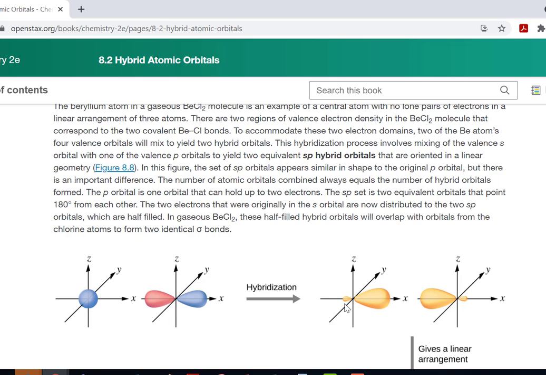What we're showing here looks sort of like the p orbital, except that you have a larger lobe and a smaller lobe, and then you have two of them where you're switching the location of the larger lobe. So these are the hybrid orbitals when we combine an s and a p.